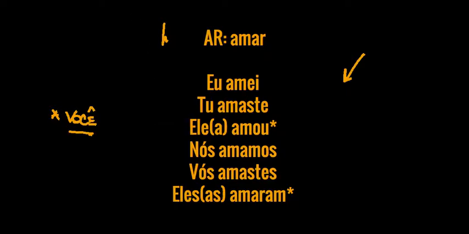Alright, so our second group, verbs ending in er. For example, we have the verb correr, to run. Let's start. Eu corri, I ran. Tu correste, you ran.